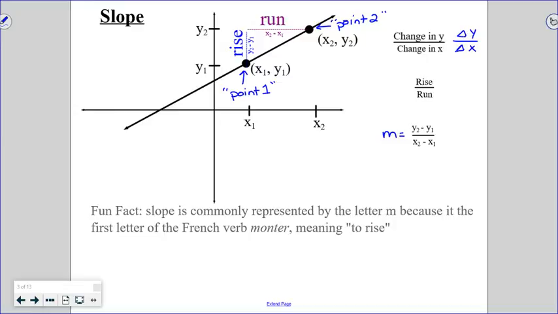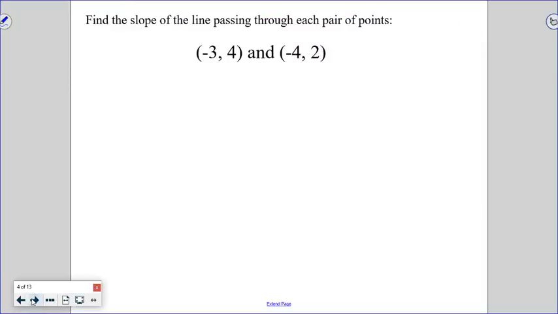And so they put a little subscript so that you can distinguish which point the x and the y value came from. But if I were to flip-flop and call this one point 1 and this one point 2, would it change my slope? Not at all. You pick. Just let one of them be the first point and let one of them be the second point. Be consistent, though, so whichever y value you call point 1 is your x value for point 1. Okay? Consistency.